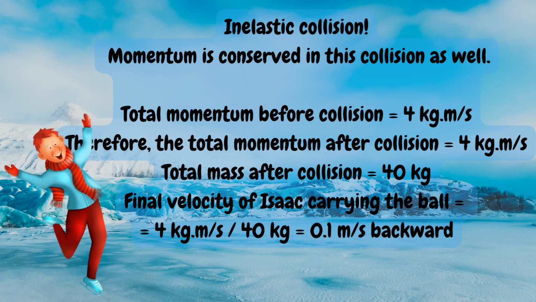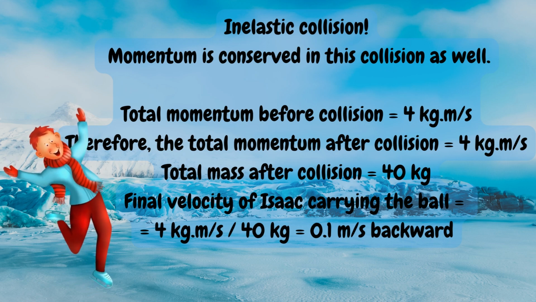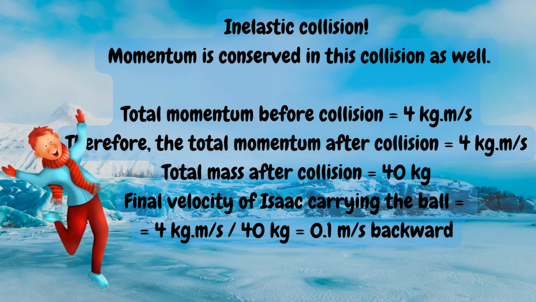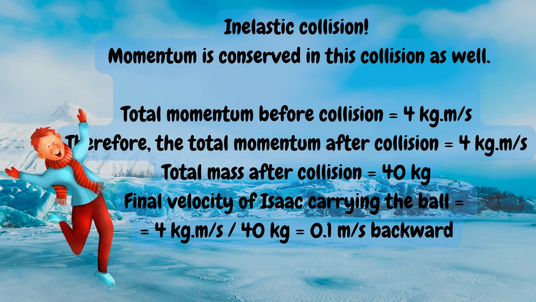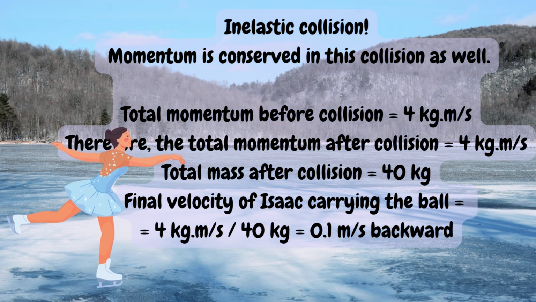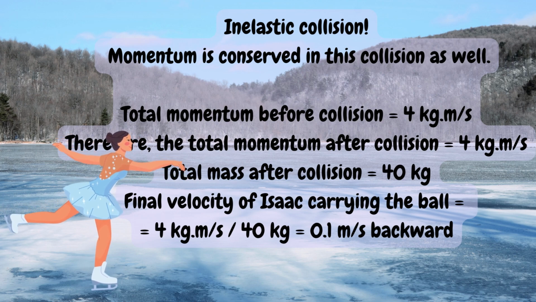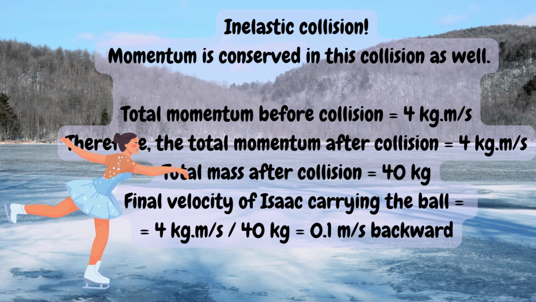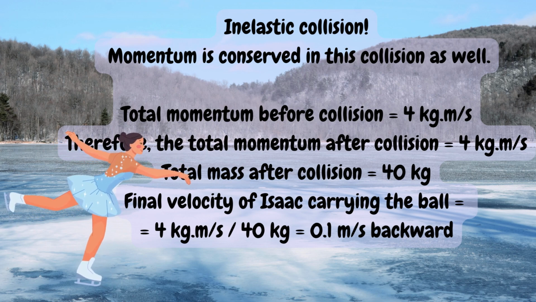Total mass after collision equals 40 kilogram. Therefore, the final velocity of Isaac carrying the ball will be equal to the momentum divided by the total mass, which equals 4 kilogram meter per second divided by 40 kilogram, which equals 0.1 meter per second backward.